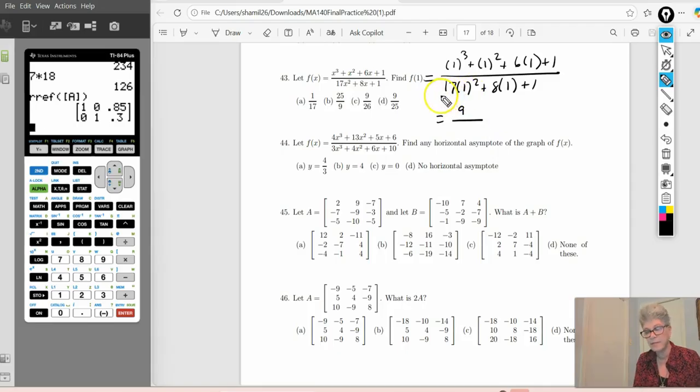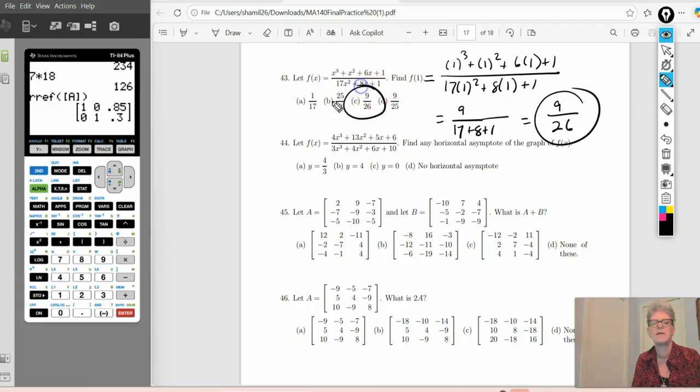And in the denominator, I'm going to have 7 times 1 squared, which is 7 times 1, which is 7, plus 8 plus 1. And so it's going to be 17 plus 9, which is 26. The answer is C.